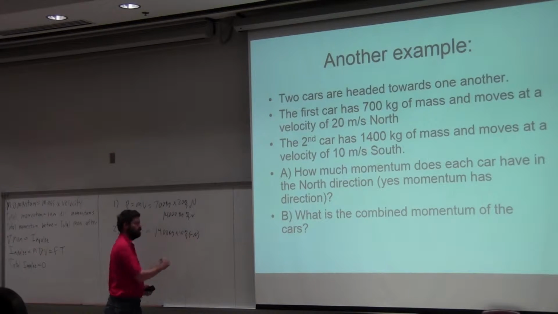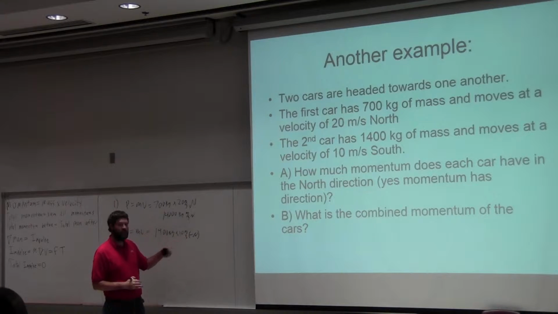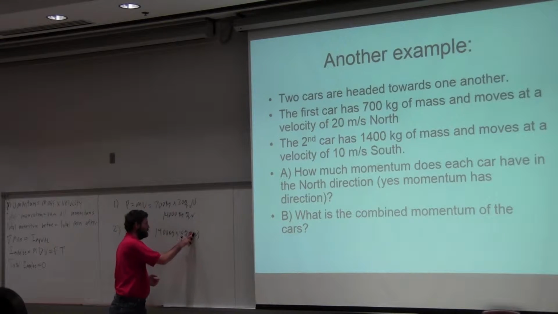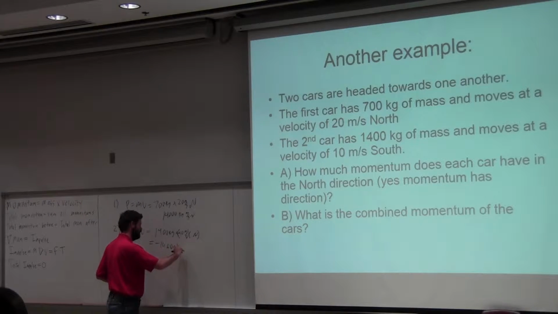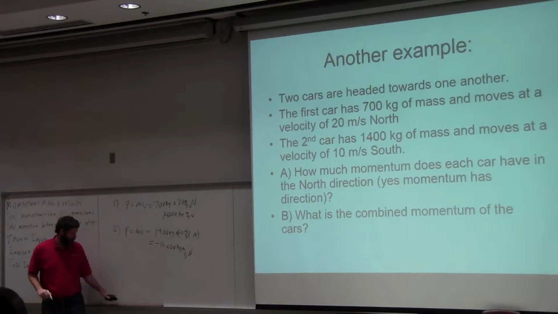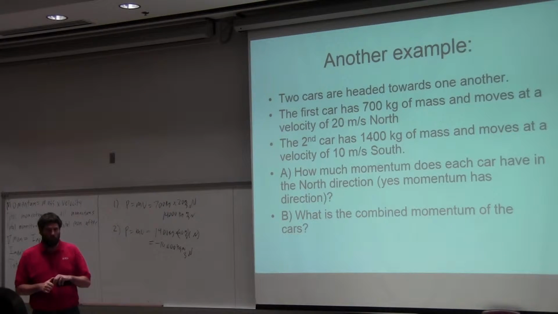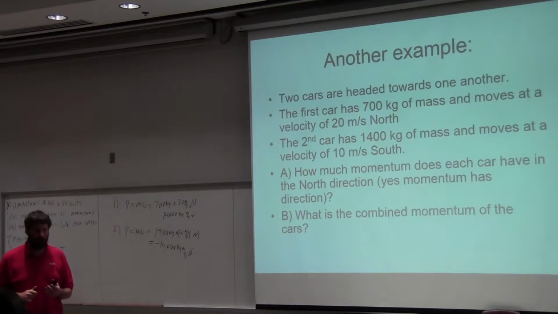Now, having the minus sign there doesn't really do much, so I'm going to put the minus sign over here. And I get negative 14,000 units north. So when you have 2 cars going opposite directions, one of those momentums is going to be negative.